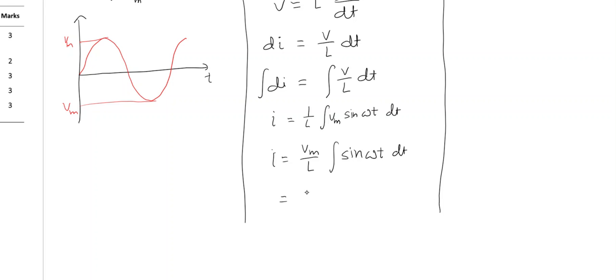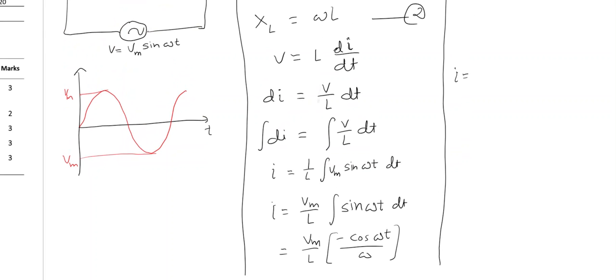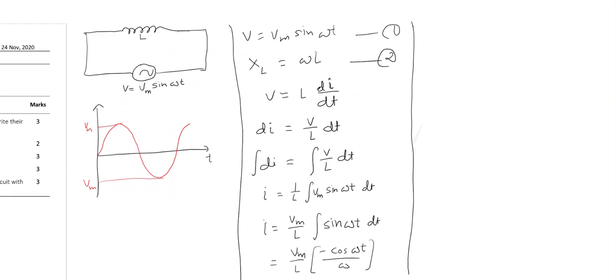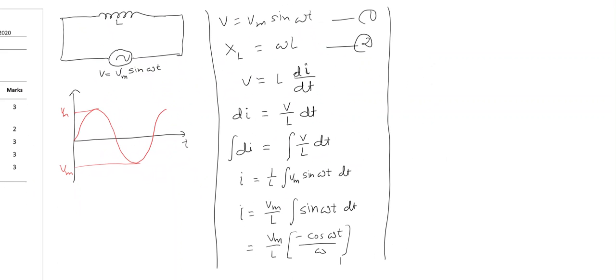So it will be minus cos omega t by omega. And then the equation of current is I, which is equal to minus Vm by omega L cos omega t.